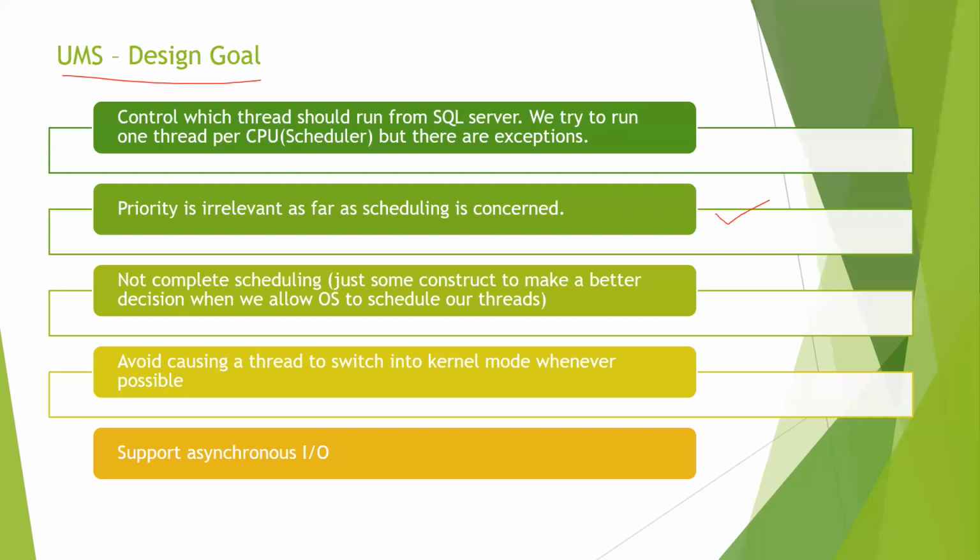If you post a backup, it performs asynchronously to process the pages on the disk. We are not waiting for the backup to be completed, so your database is accessible, your threads should be able to access the database, and everything can be performed.